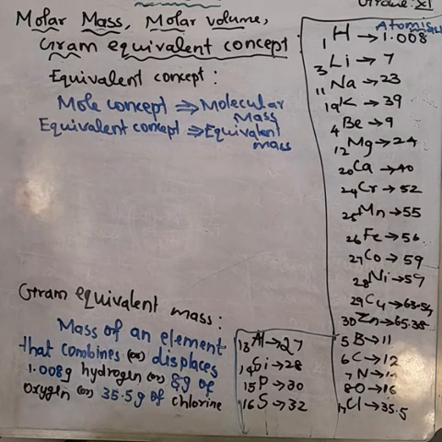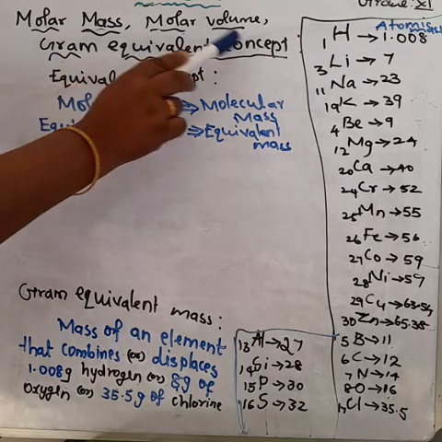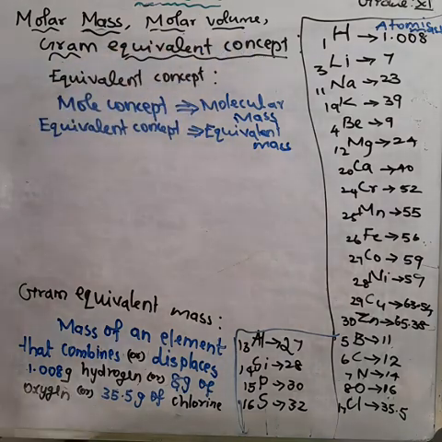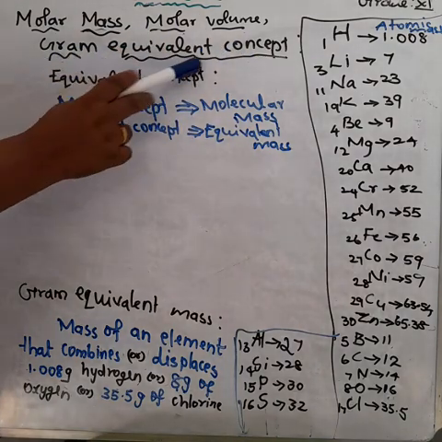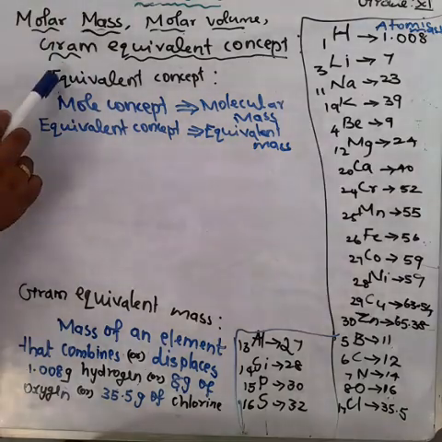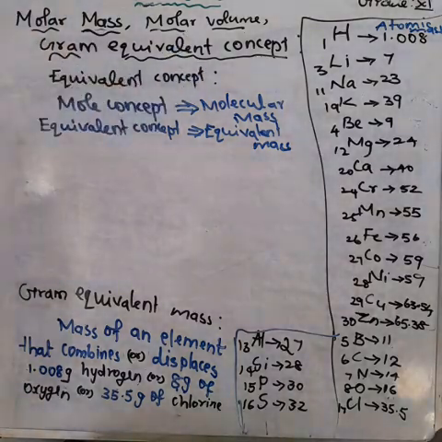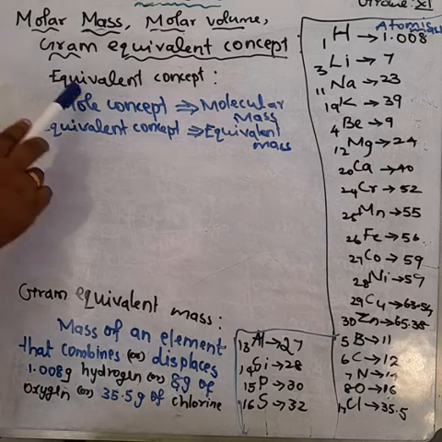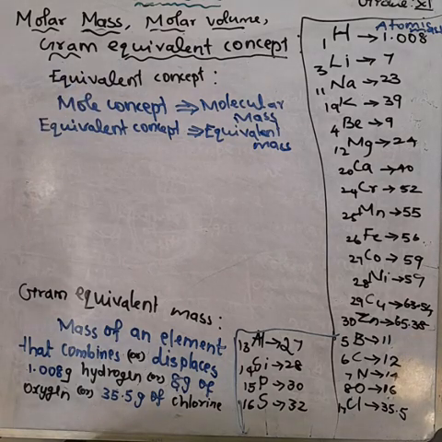And then we are going to study about the gram equivalent concept. Before you study the gram equivalent concept, you should study what we mean by equivalent concept. In the previous section we understood the mole concept.